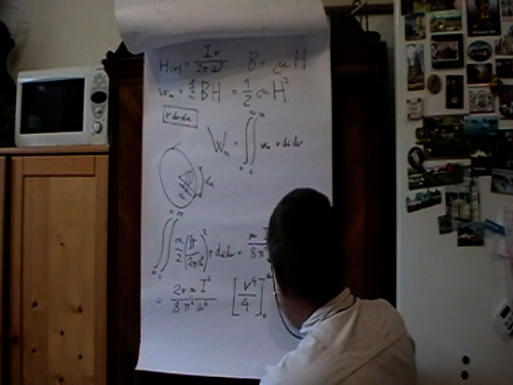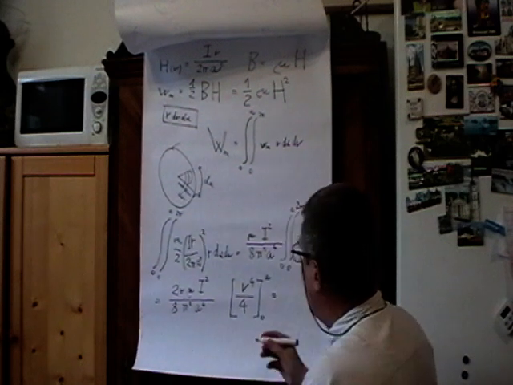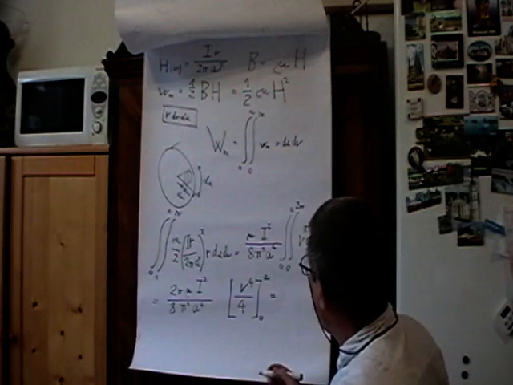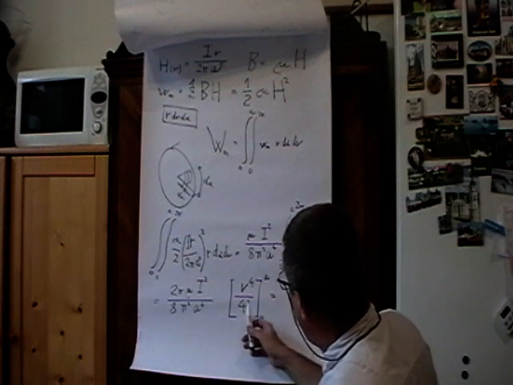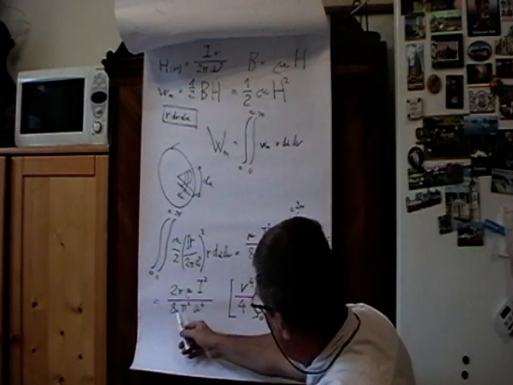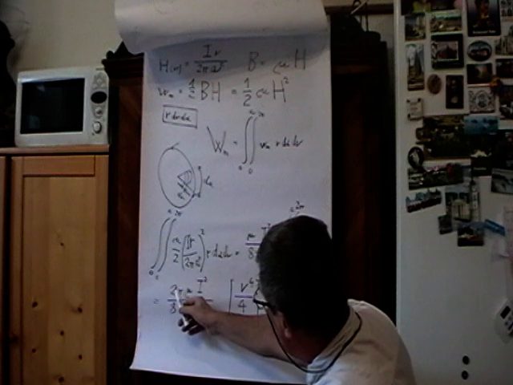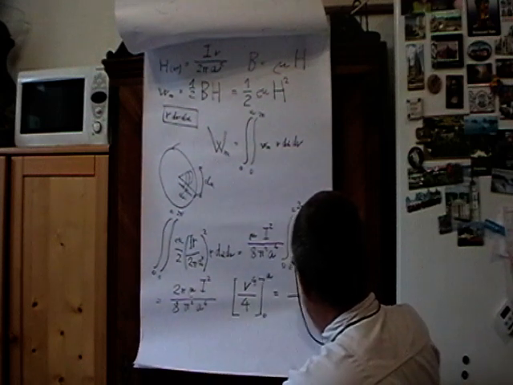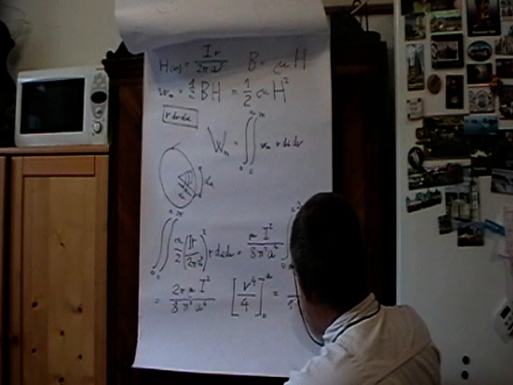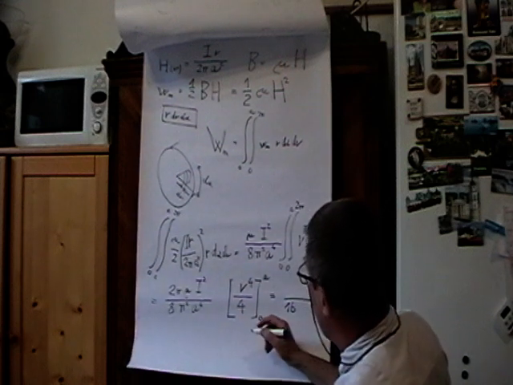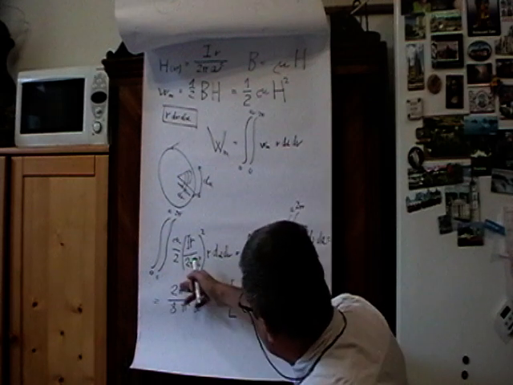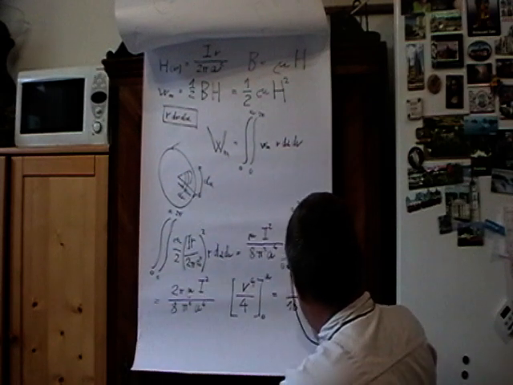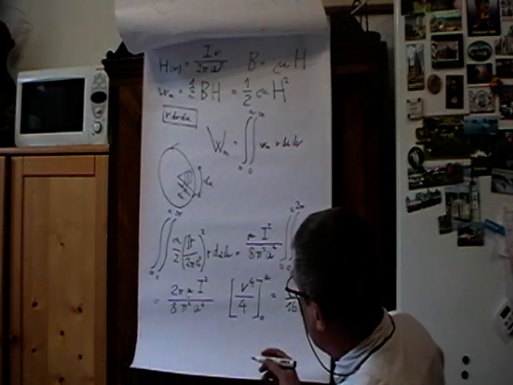So first we would have 4 times 8 is 32, cancels against 2 as 16 in the denominator. Then we cancel pi in the denominator, and there is still pi remaining in the denominator.